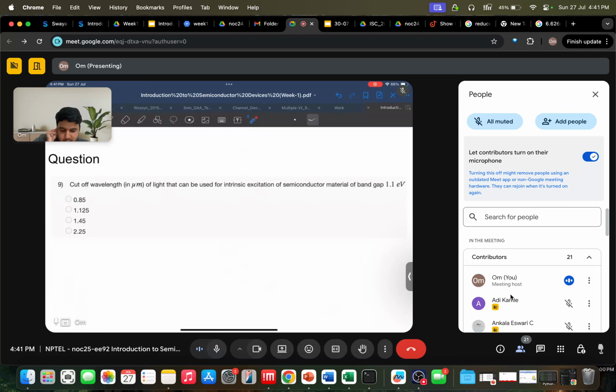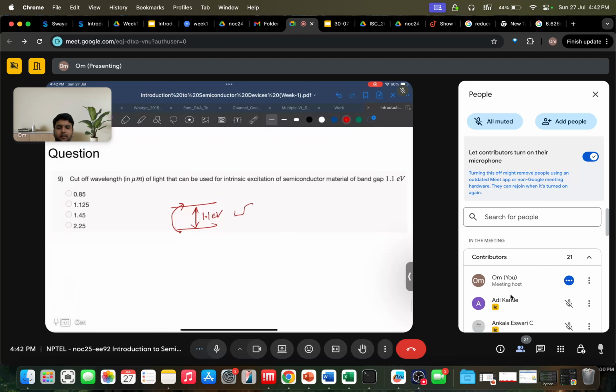Cutoff wavelength in micrometer of the light that can be used for intrinsic excitation of semiconductor material of band gap 1.1 electron volt. So basically what they're asking is, the band gap is 1.1 electron volt. What is the energy required for transferring an electron from here to here? Not energy, the wavelength of the incoming light.